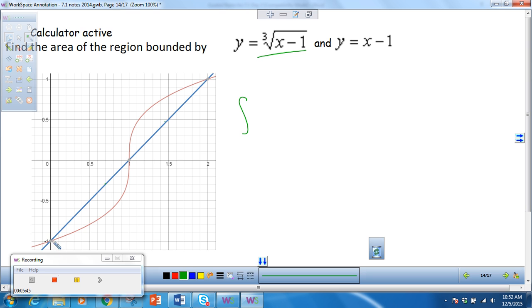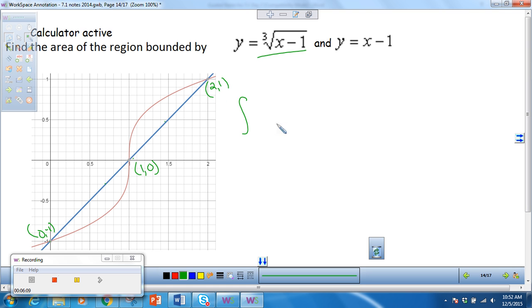And I would have to integrate, I think, so I'm going to do it top minus bottom, and this point is 0, -1, and this point is 1, 0, and this point is 2, 1.